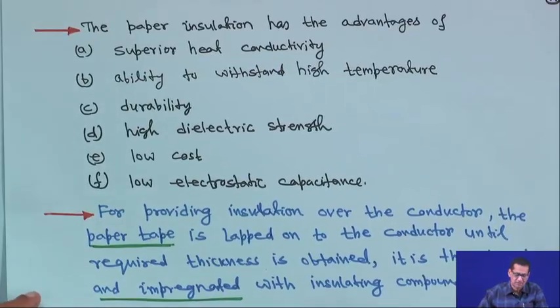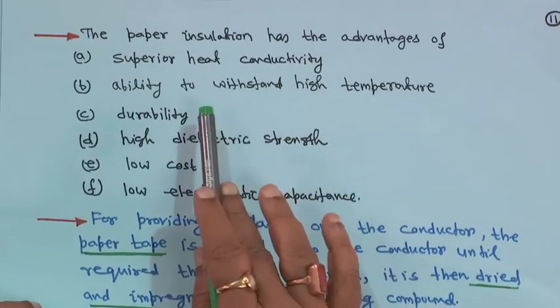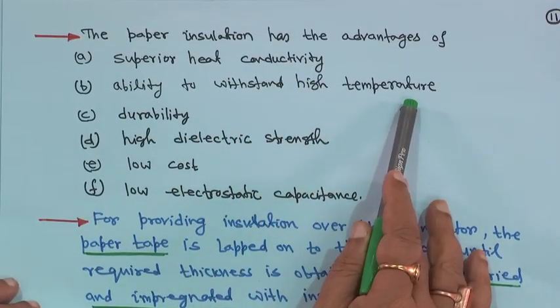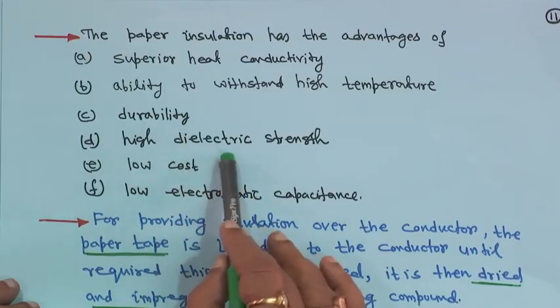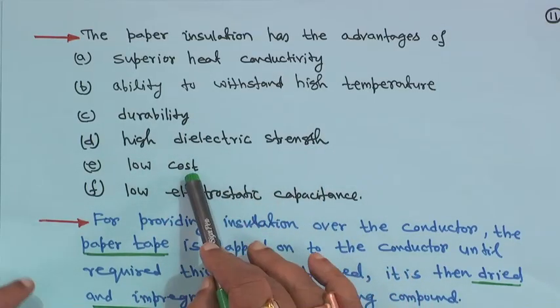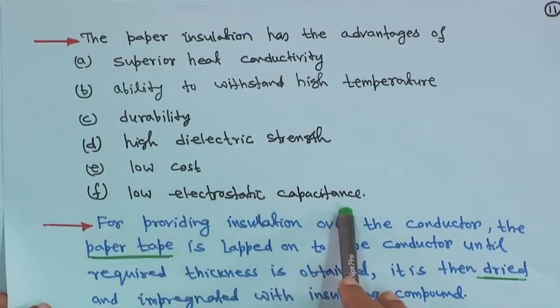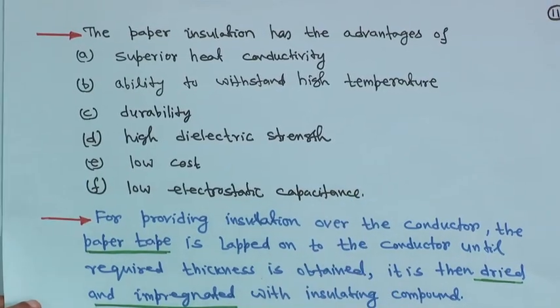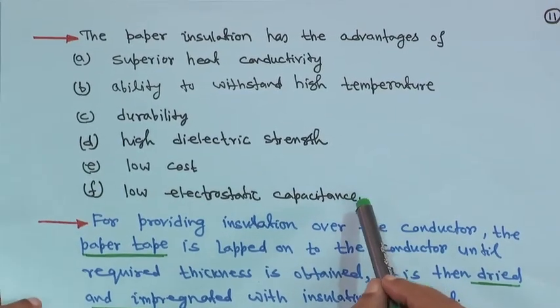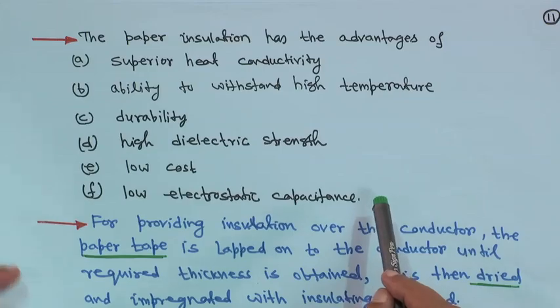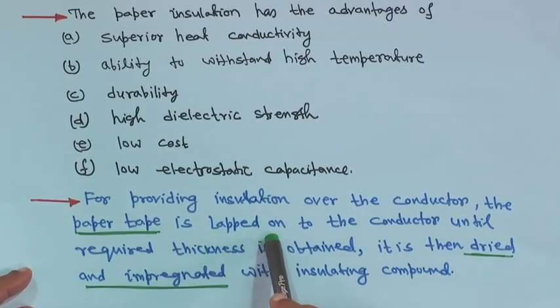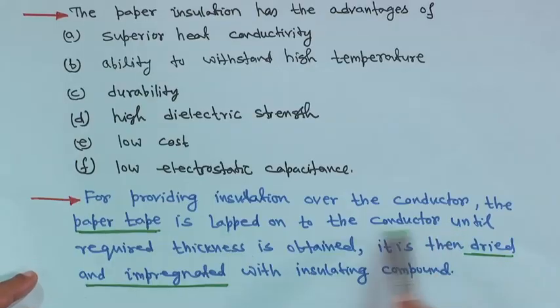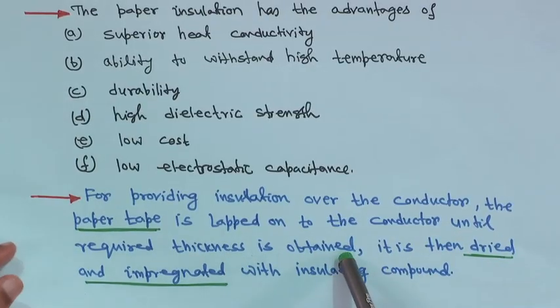The paper insulation has the advantages of superior heat conductivity, ability to withstand high temperature, durability, high dielectric strength, low cost and low electrostatic capacitance. For providing insulation over the conductor, the paper tape is lapped onto the conductor until the required thickness is obtained.